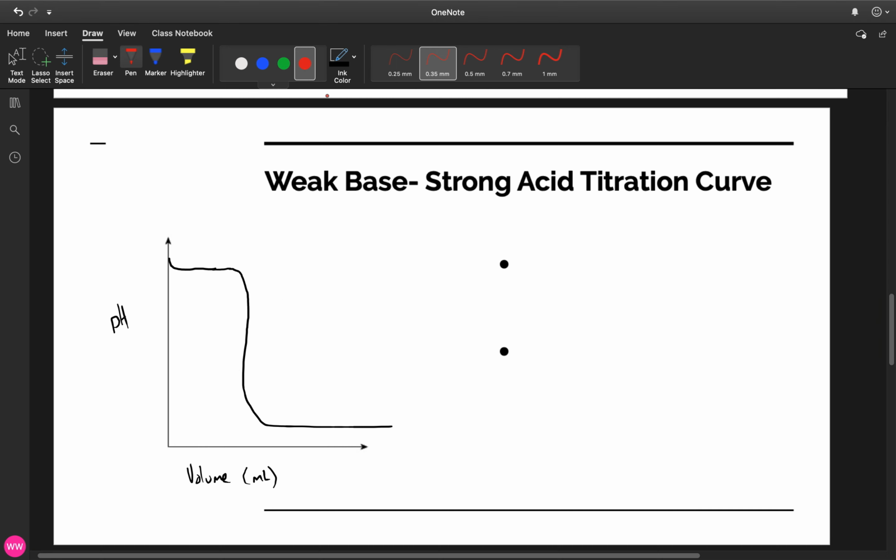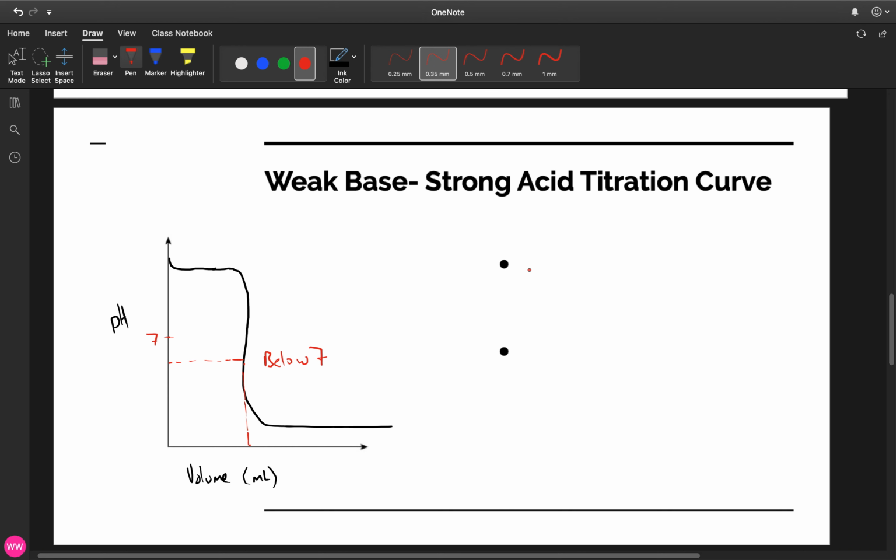Now, very much like the weak acid, strong base titration, the pH at equivalence for the weak base, strong acid titration is not 7. It's actually going to be below 7. So if our pH of 7 is roughly right here, we'll extrapolate and say that the inflection point is roughly right there, and note that's below 7.